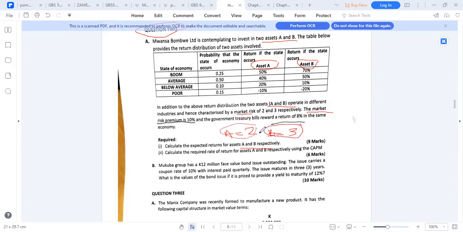As we are using the capital asset pricing model to find the required rate of return, we have to use the formula.